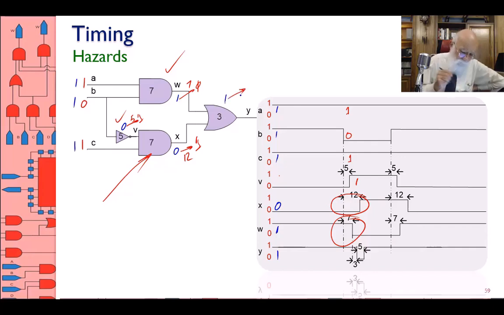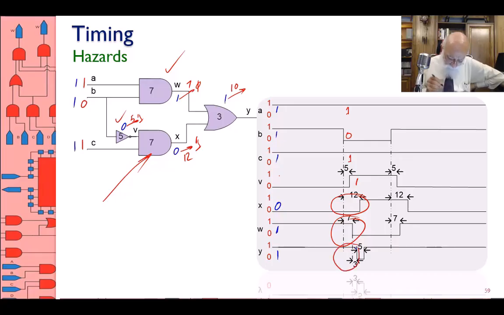what happens to it is 3 nanoseconds after W changes, that means 10 nanoseconds altogether after B changes to 0, 10 nanoseconds after that, my Y output changes to 0.